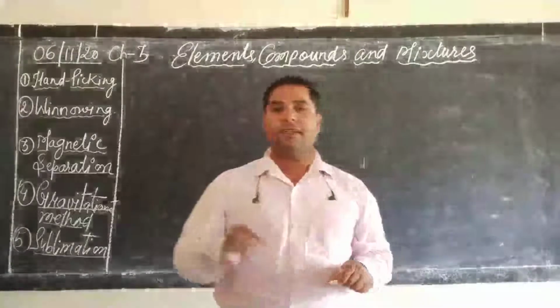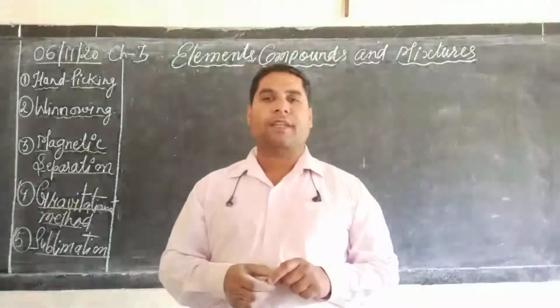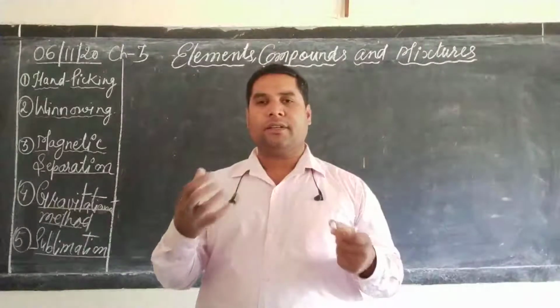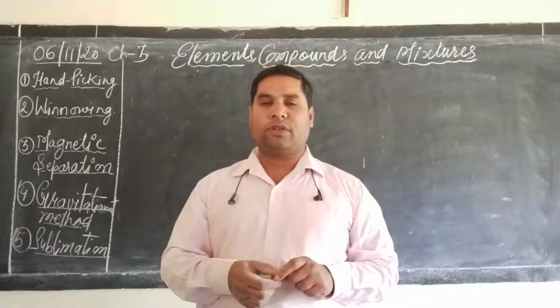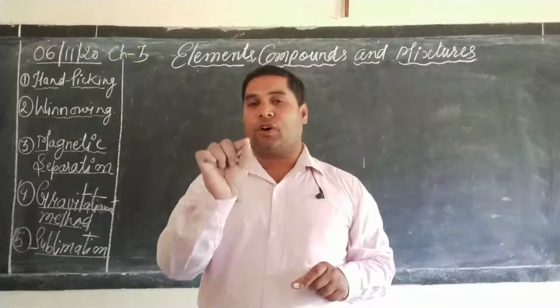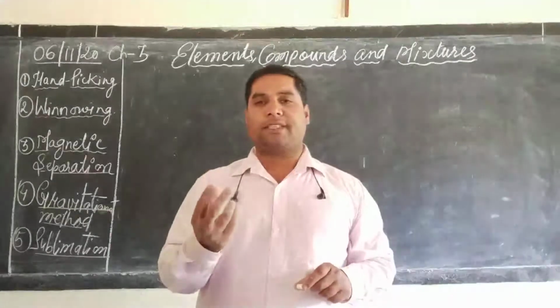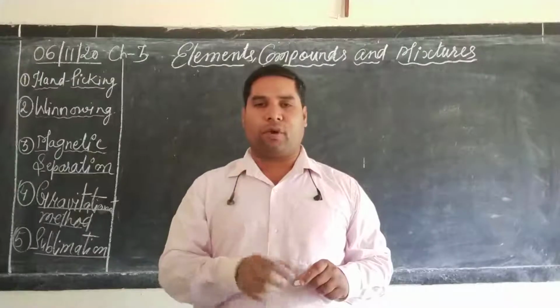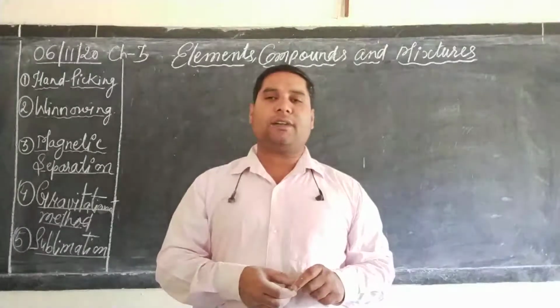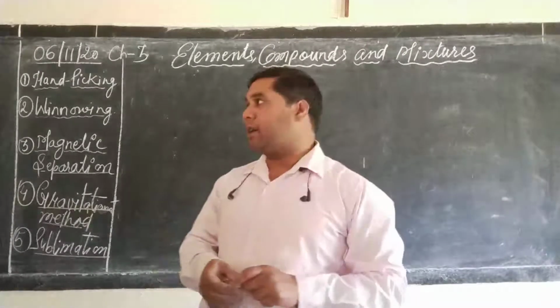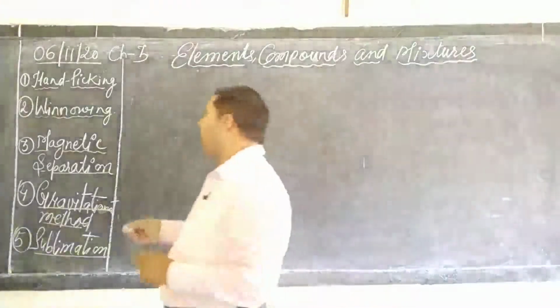Dear student, these methods are implemented or being used to separate solid mixtures, meaning two substances are in solid form. So let us start with the first process, hand picking.